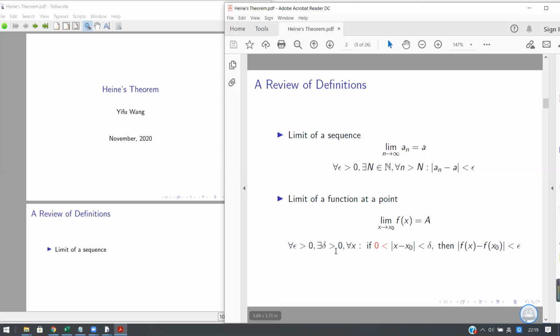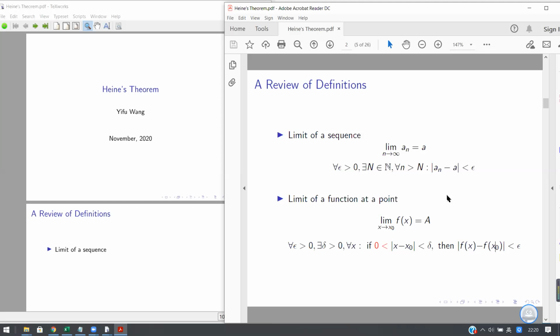For all positive epsilon, there is a positive delta such that for all x, if the absolute value of x minus x0 is less than delta, and we emphasized last time that x cannot equal x0, then the absolute value of f(x) minus a is less than epsilon. That's the definition of the limit of a function at a point.